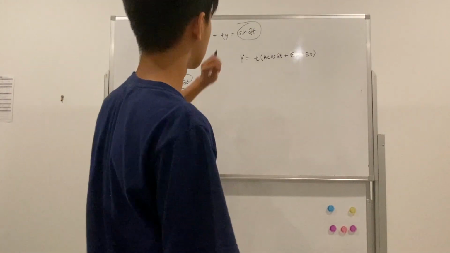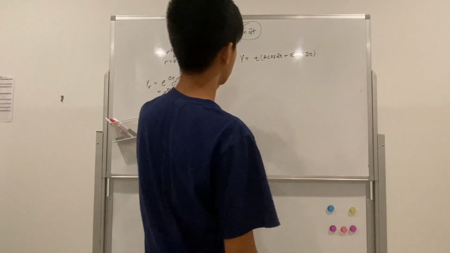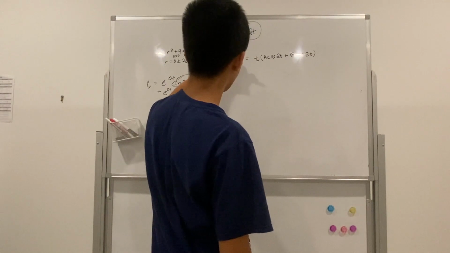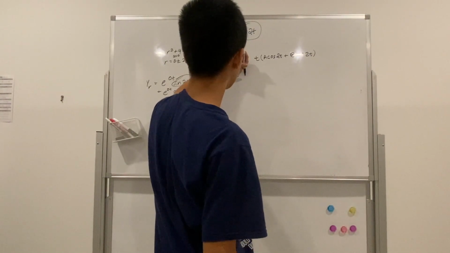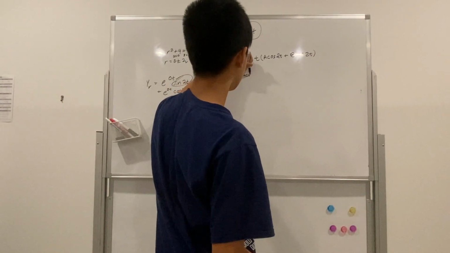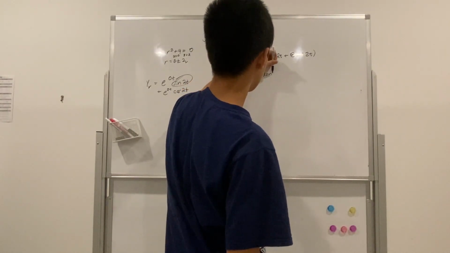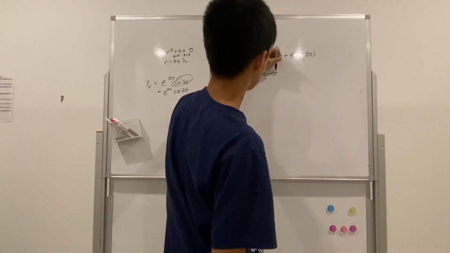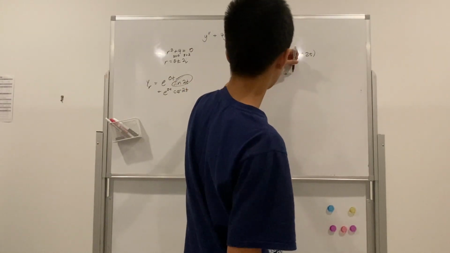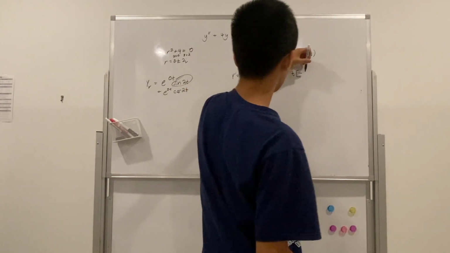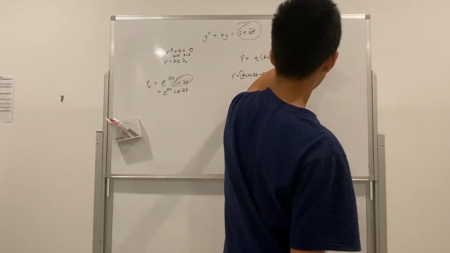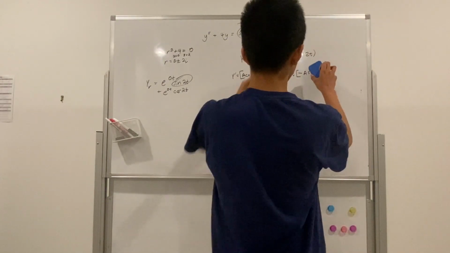So we can just plug that in. So y prime equals a cosine 2t plus b sine 2t plus t times negative a sine 2t. Oh, don't forget the 2.